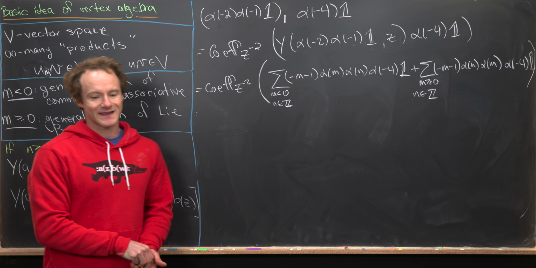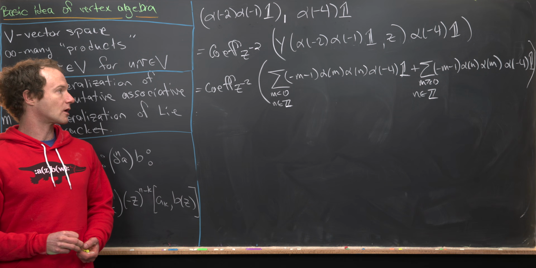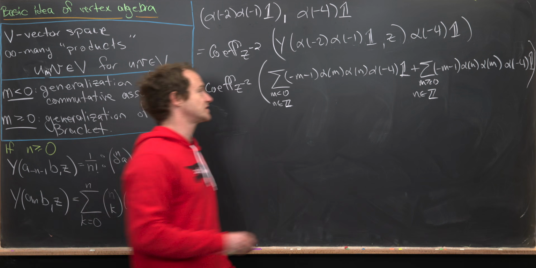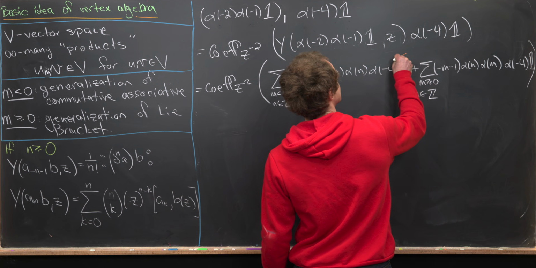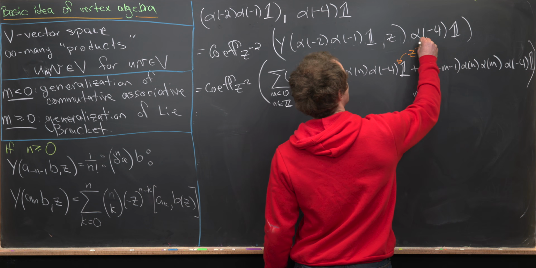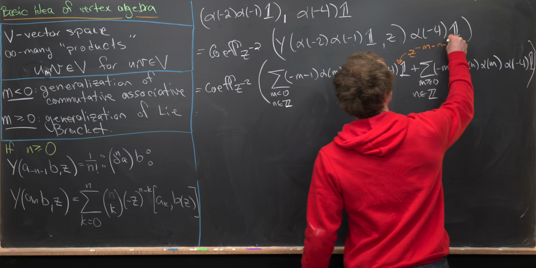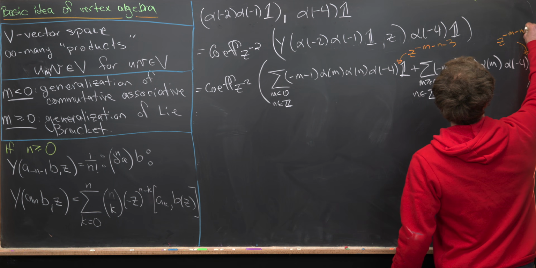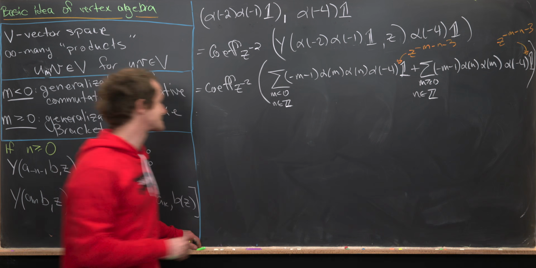Now, playing the same game that we did before, we can extract the appropriate coefficient. Oh, I should say here that all of this is attached to a z to the minus m minus n minus 3 again. So this is z to the minus m minus n minus 3. Great.